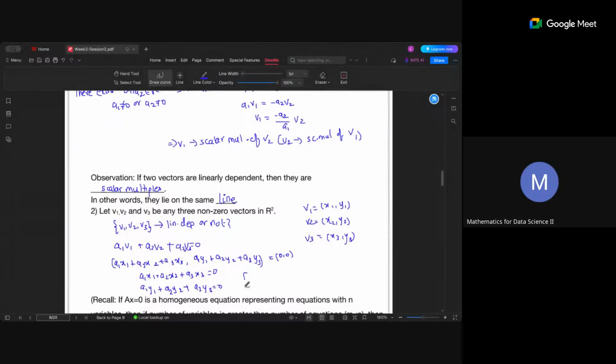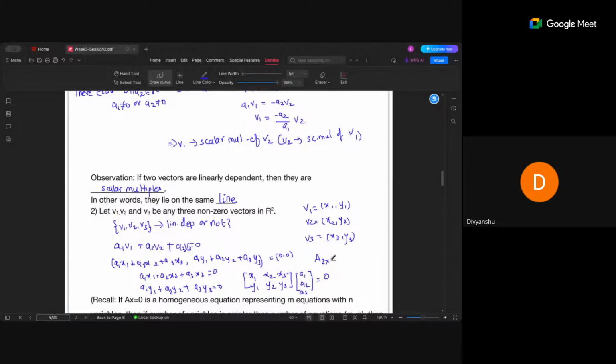So the matrix you have is the rows x1, x2, x3 and y1, y2, y3, times the column a1, a2, a3, and this is equal to 0.